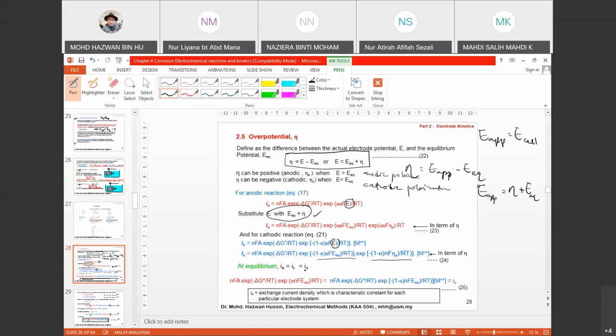So at equilibrium, we assume that anodic current density and cathodic current density are equal. So if you put these two things together, equal, then you can cancel off a few things. Then at the end, you will get a few terms only. This one and also this one.